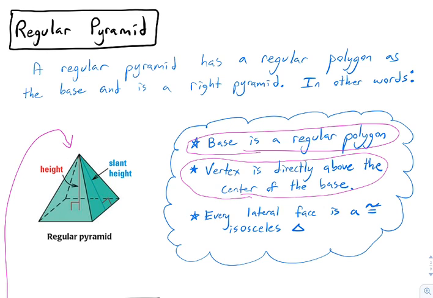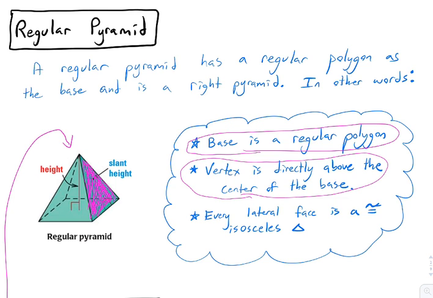So all we need is a single slant height, or single height of one of those triangles. And then we go 1/2 base times height to get the area of that triangle. And then once we have the area of a single triangle here, we just multiply it by 4 because there's 4 triangular faces. So that's the main reason we'll talk about regular pyramids.